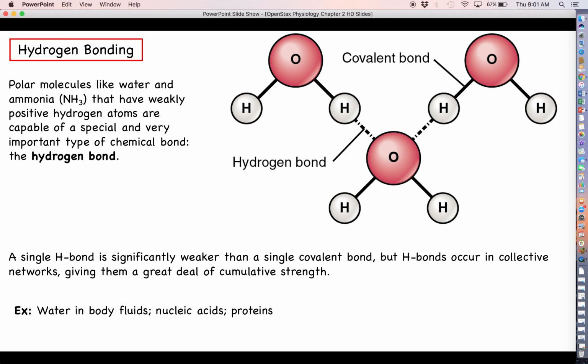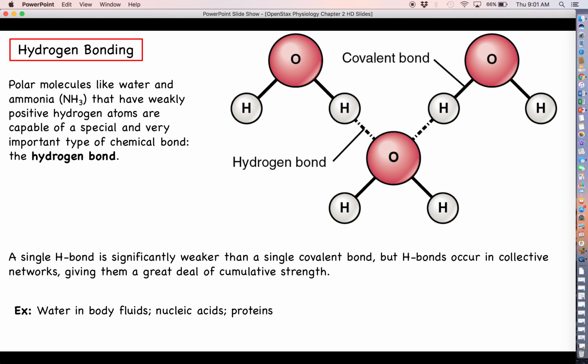Now, water is not the only molecule that can form hydrogen bonds. Things like ammonia, where nitrogen is also an electronegative atom, will have chemistry very similar to water, but water is the main one. So polar molecules like water and ammonia that have weakly positive hydrogen atoms are capable of forming these very special hydrogen bonds.